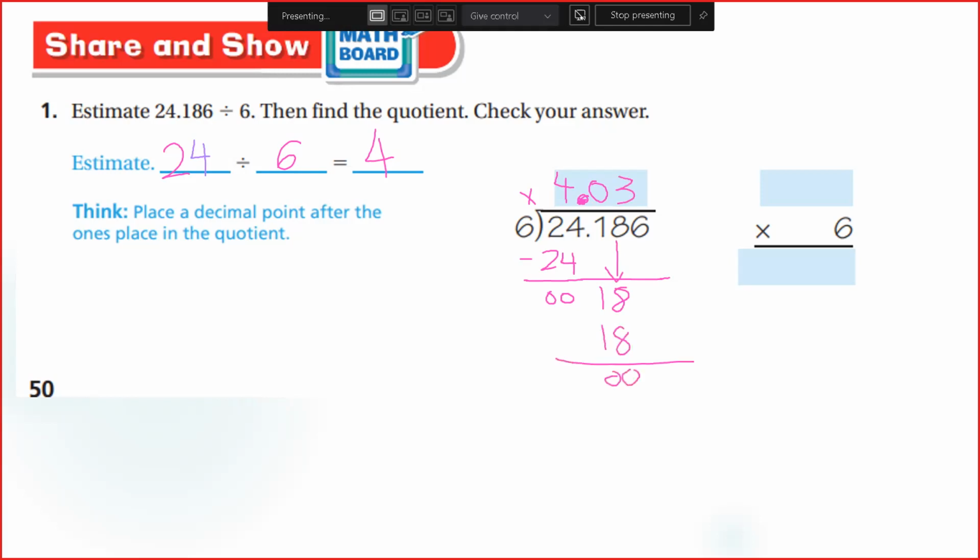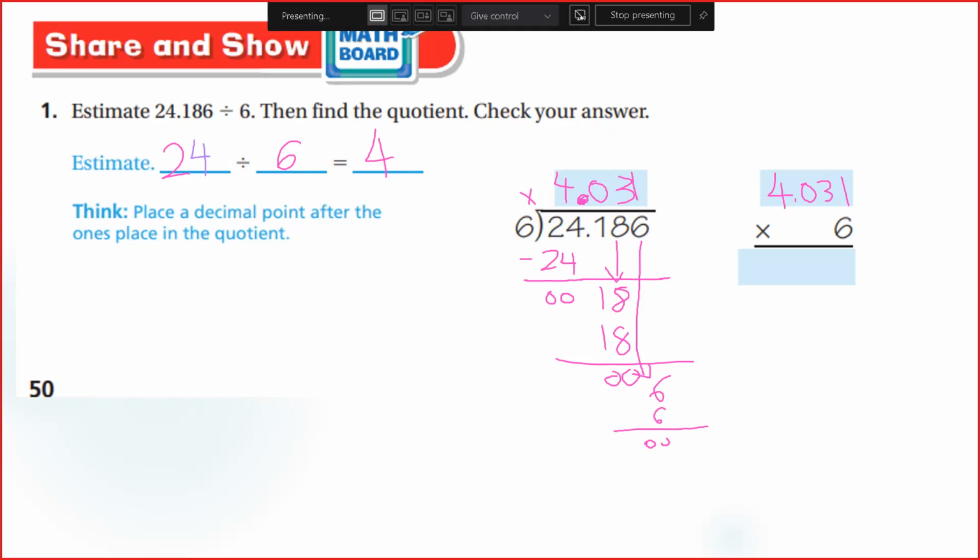Then you call the 6. 6 over 6 is 1. 1 times 6 is 6. So the answer here is 4.031.